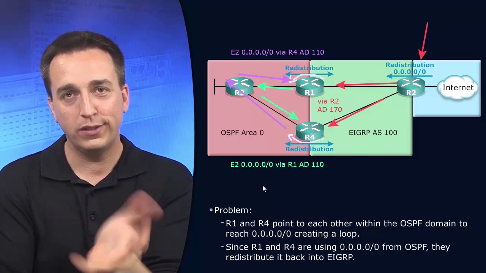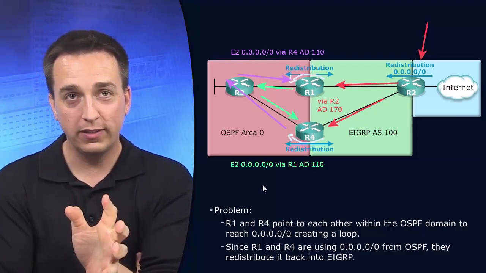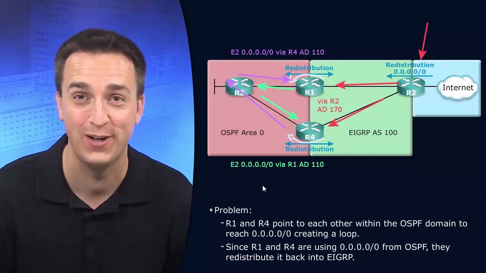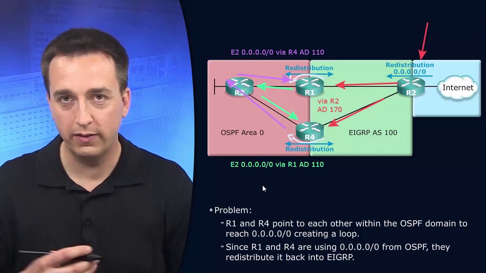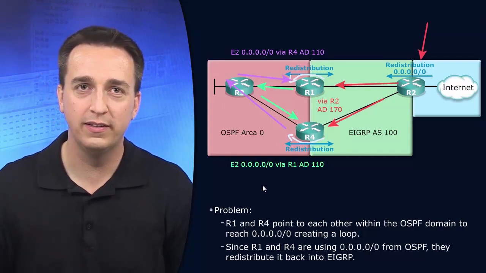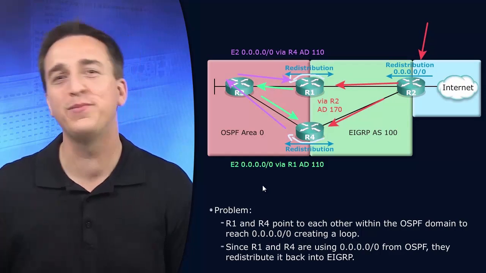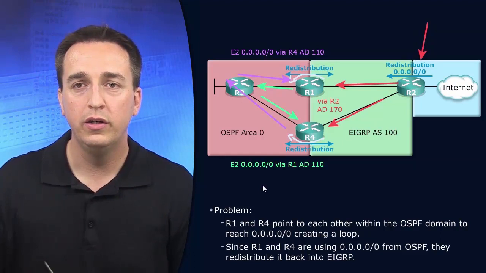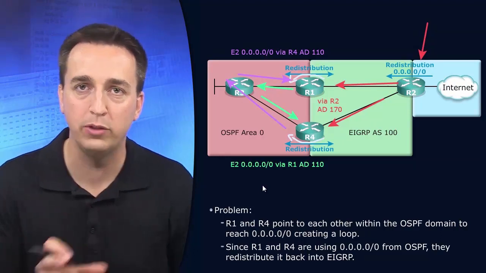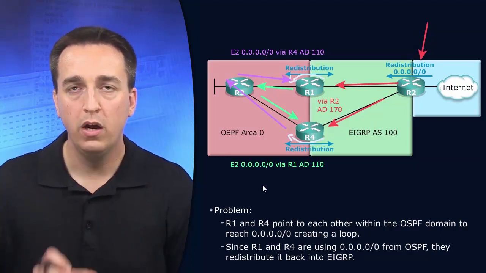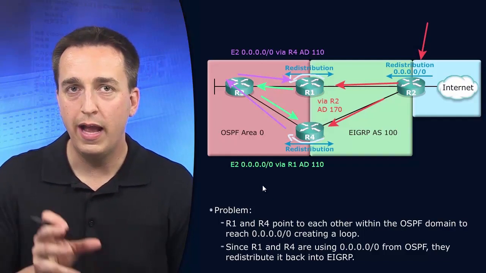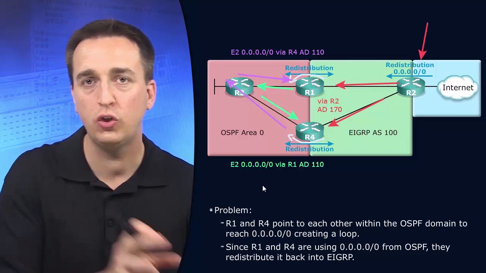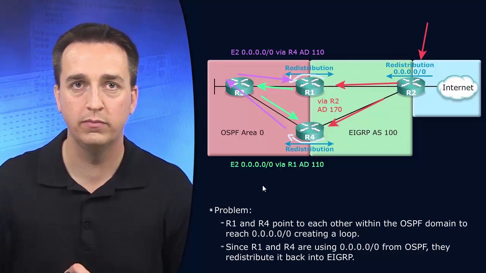So this is just a small issue, folks. Well, okay, it's bigger than small because the network's not working. But what else could happen here? Well, think about how redistribution works. Redistribution works by taking information in the routing table and redistributing it. R1 and R4 had redistributed the EIGRP routes into the OSPF domain.